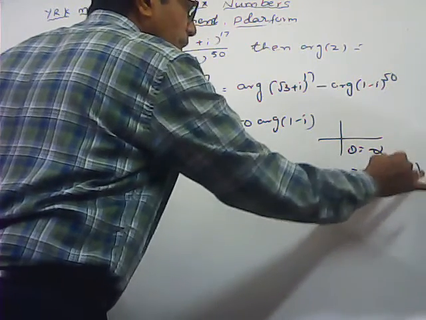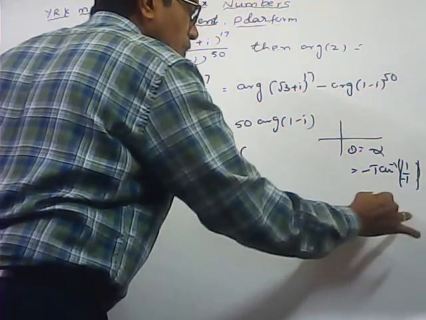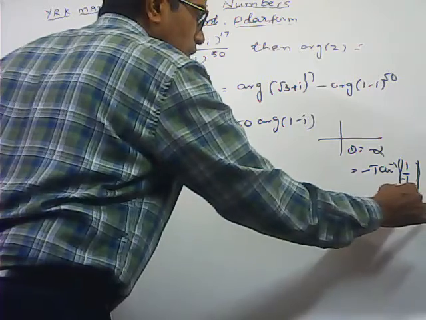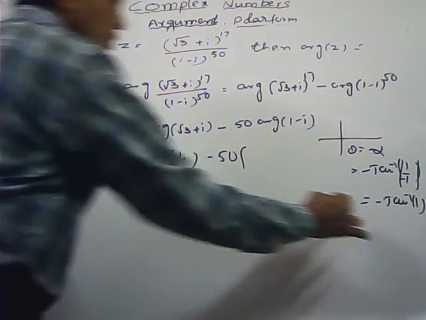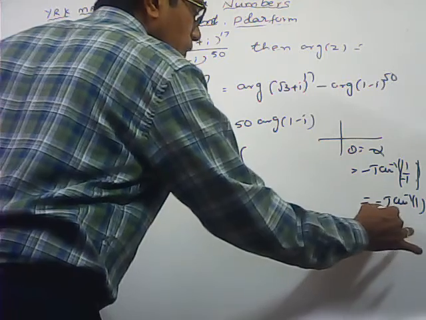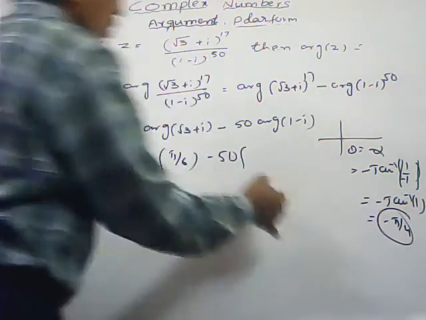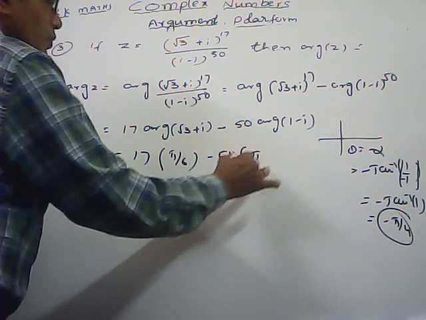Minus 1 is there, but either it is positive or negative, we consider only the positive value, as I told you in the beginning of the class. So minus tan inverse 1, that is pi by 4.